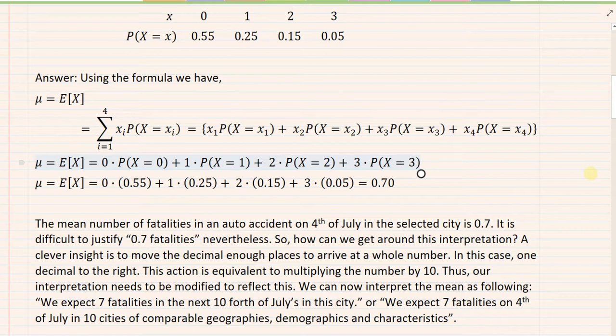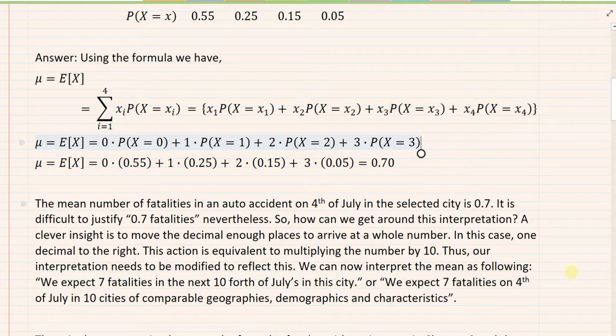So one way I can describe this is that I would expect 7 fatalities in the next 10 4th of Julys in this city, right? Or another way to characterize this is to say I would expect to see 7 fatalities in 10 cities on the next 4th of July, as long as these 10 cities are comparable.